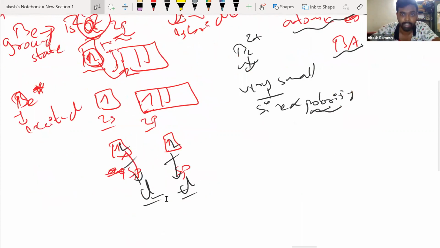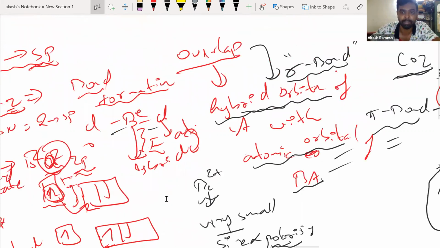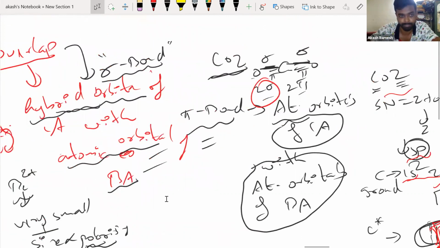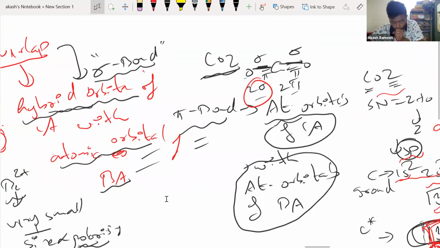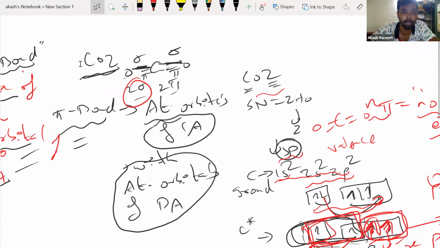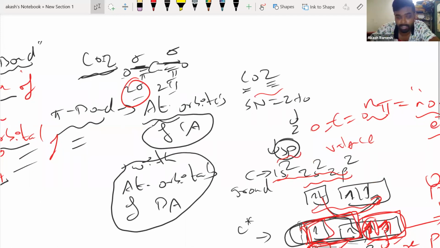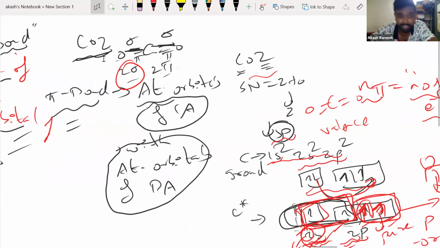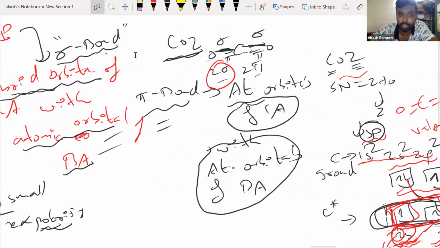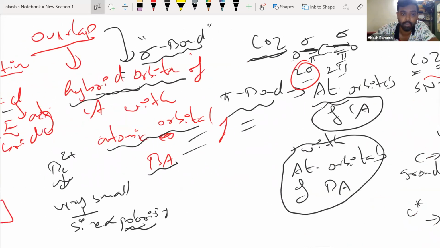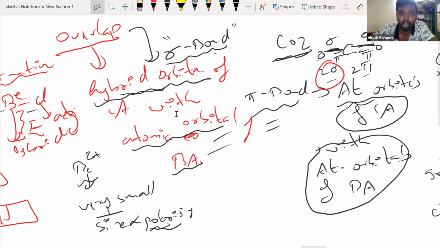Okay, right, fine. We saw another example where I have a pi bond, in the form of carbon dioxide. We already saw this. Obviously, the hybridization is sp2, right? Now, I told you for a sigma bond, the overlap is between the hybridized orbital of the central atom with the atomic orbital of the bonding atom.